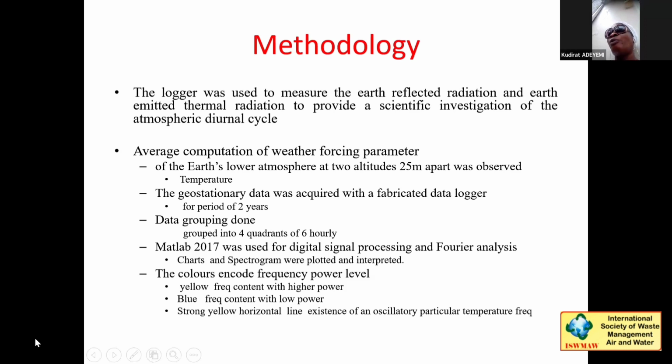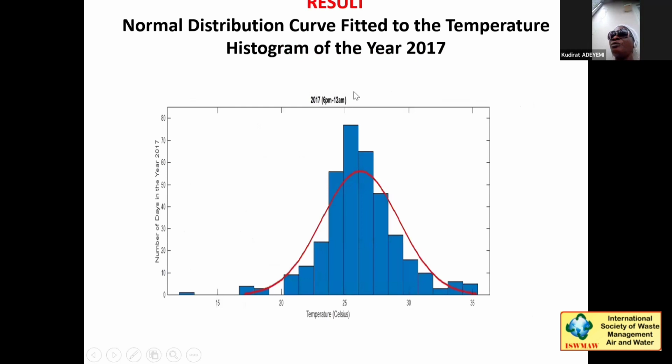Histogram charts were plotted and interpreted. Next slide, please, for the results. You can see here on the screen, we have year 2017 histogram results for the 3rd quadrant. And here we have a normal distribution curve that is fitted to this temperature histogram chart. Why did we have to do that?